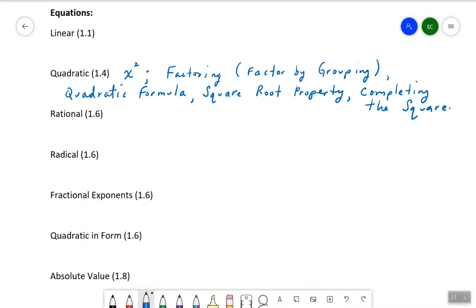For a rational equation, remember that just means the variable is in the denominator, and so the key step was to clear the fractions.